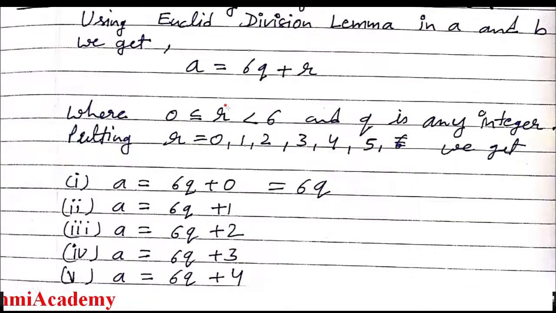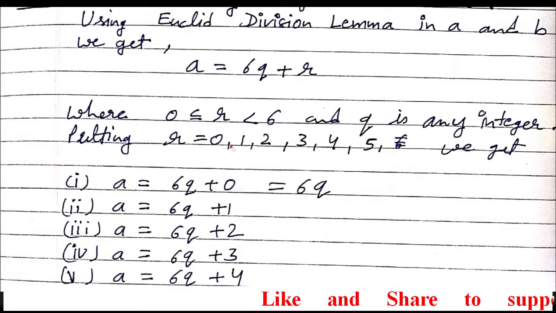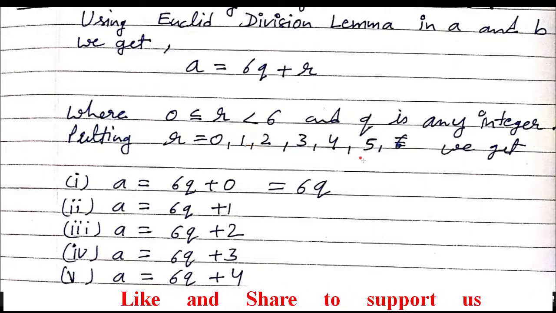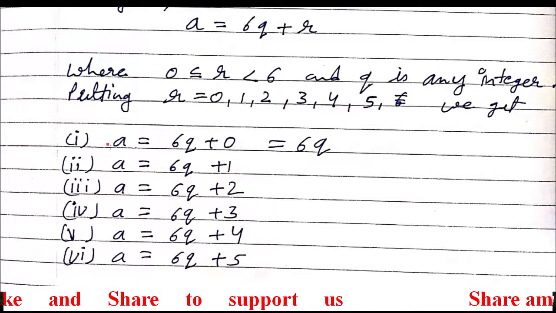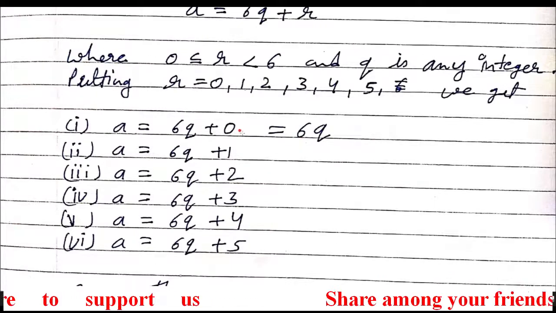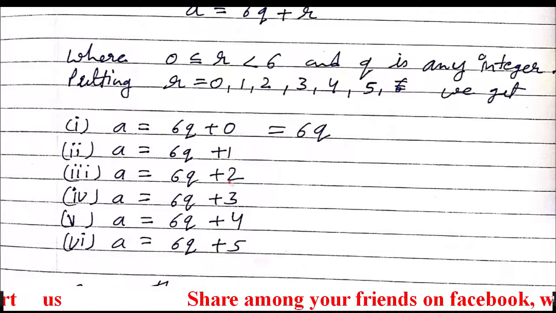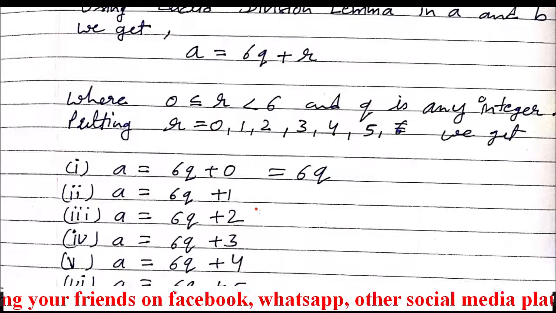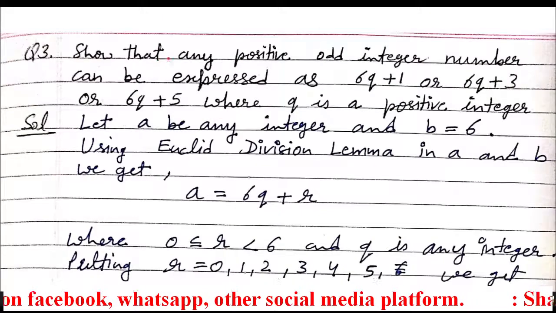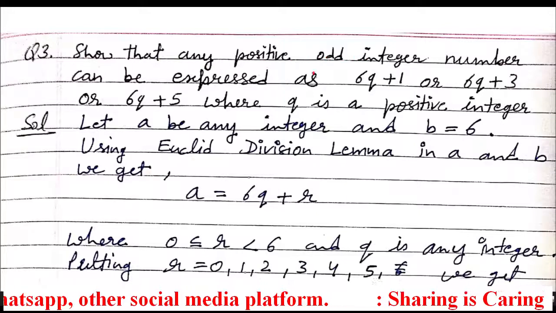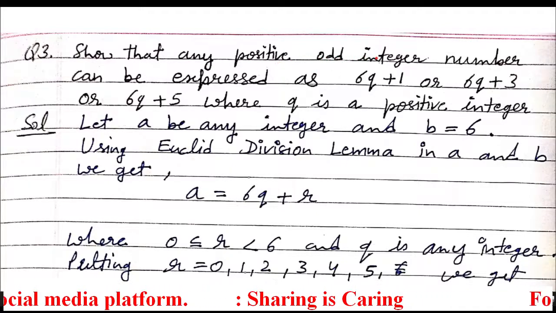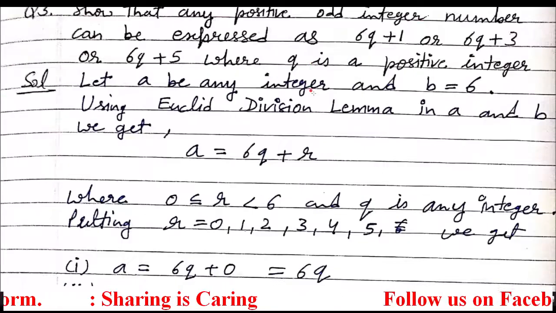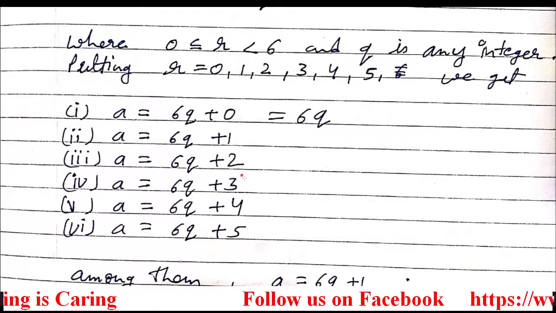Now further, since the remainders are 0, 1, 2, 3, 4, 5, in Euclid's division lemma, instead of r we substitute all these remainders. When we substitute 0, then 1, 2, 3, we achieve all these values of a, starting with 6q. Now, in the question, we want to show that any positive odd integer, so we have to select odd integers only.